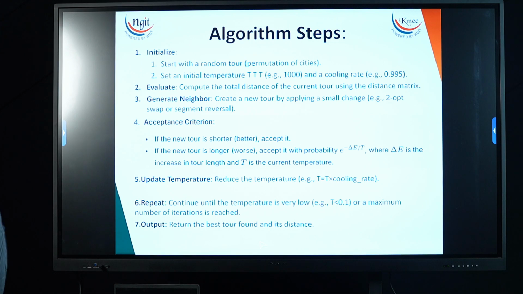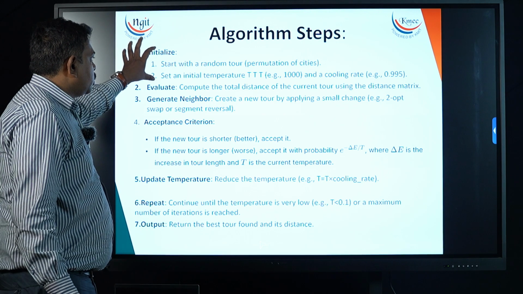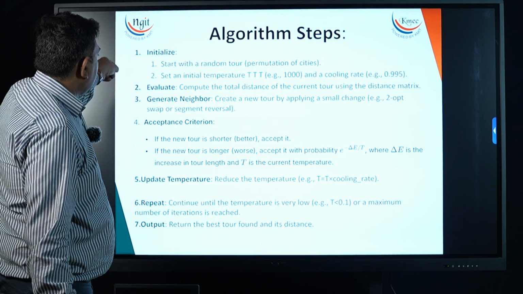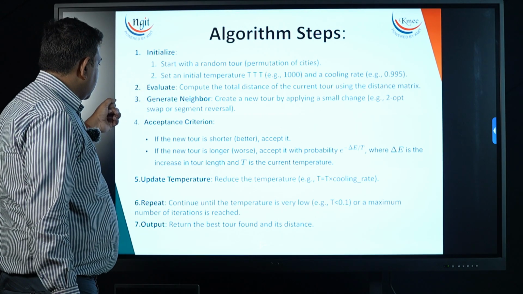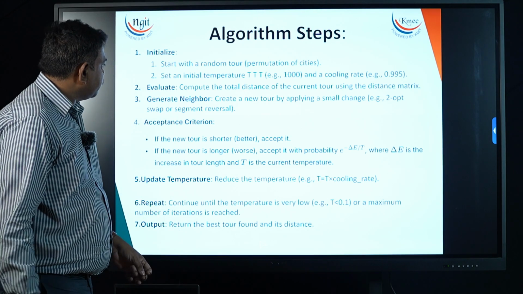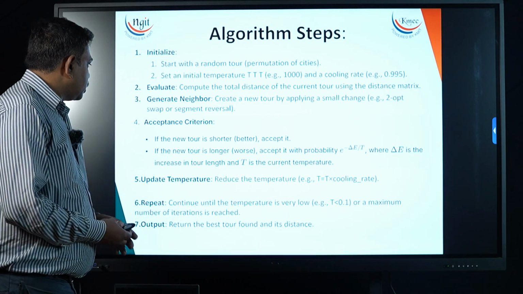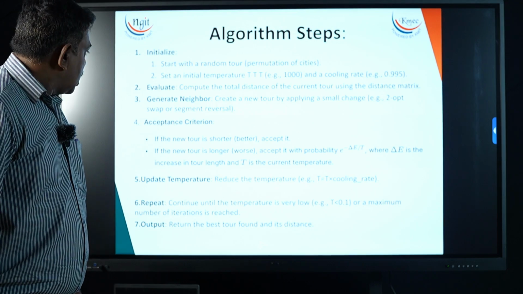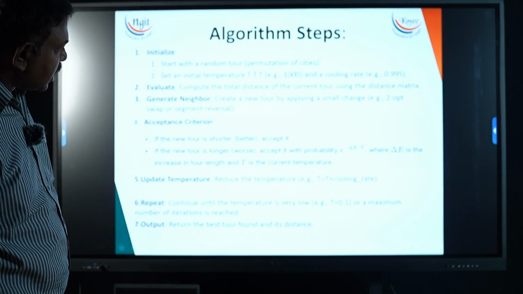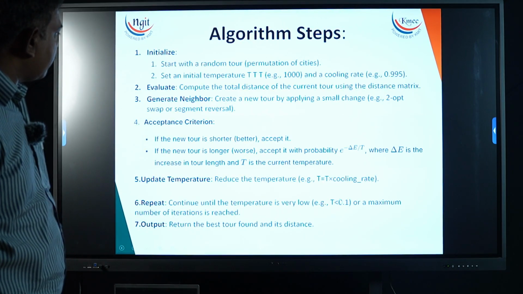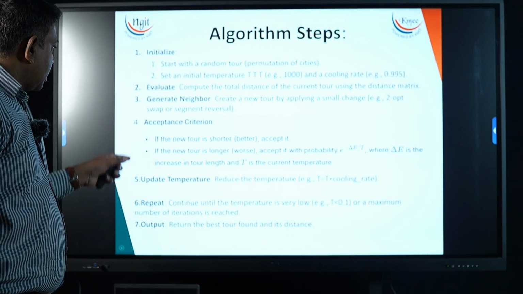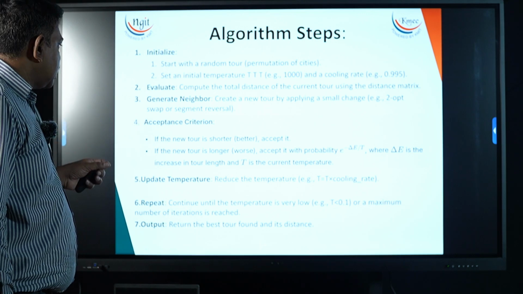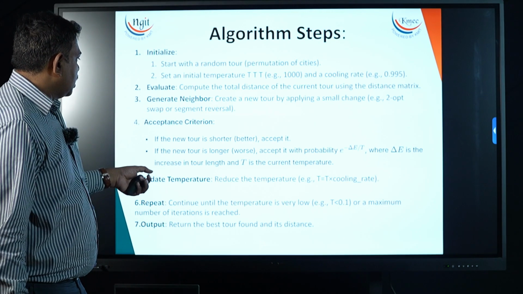First we initialize with a new tour, and then we take the tour and set the temperature as 1000, and we generate the tours. For each tour, whether the new tour is accepted or not is based on the cooling effect, as the temperature reduces, and the acceptance depends on probability.